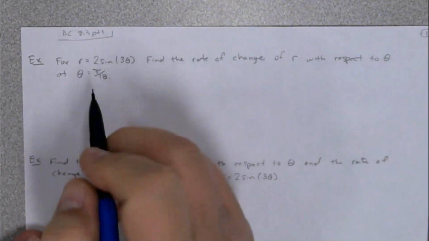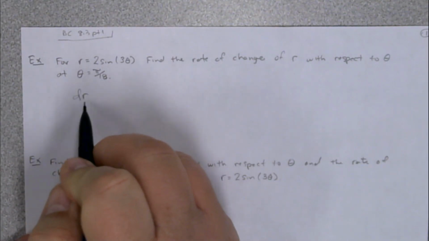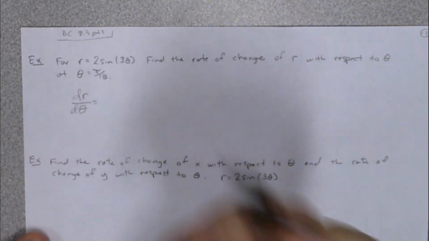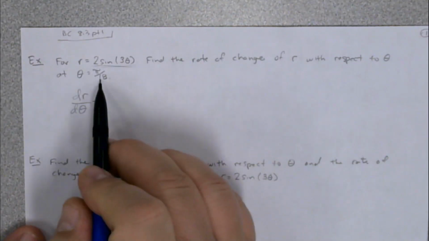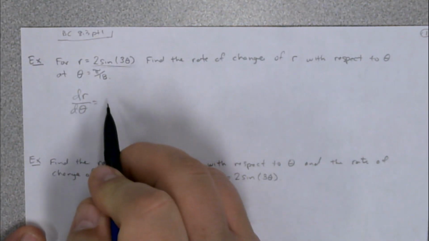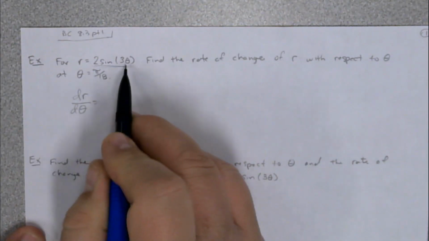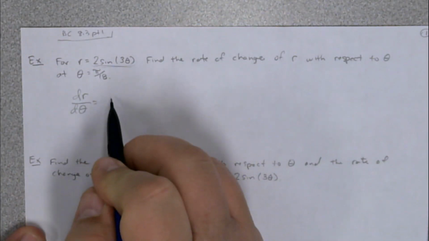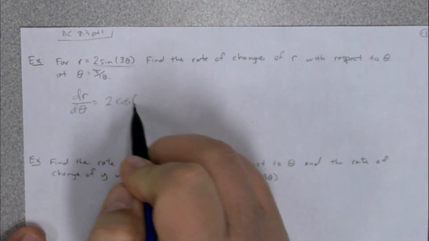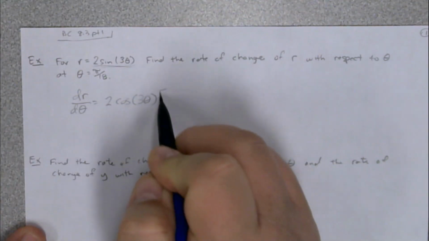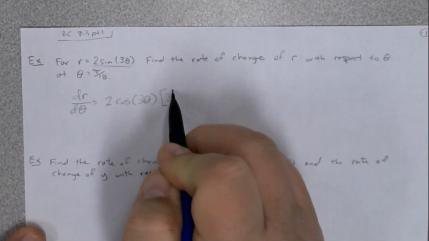So how do I take the derivative of r with respect to theta? Well, just like anything else. Here's my expression right here, and we're going to plug in pi over 18. So we take the derivative of 2 times the sine of 3 theta using our chain rule and our trig functions. So we get 2 times the cosine of 3 theta, and then times the derivative of the inside, which is 3.